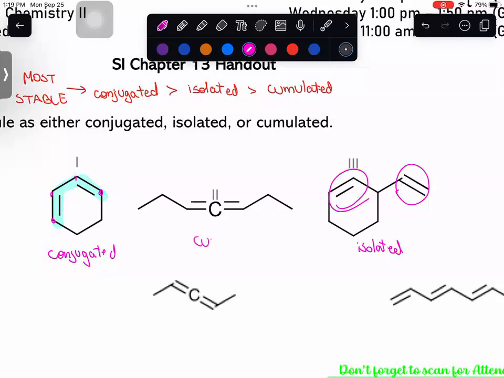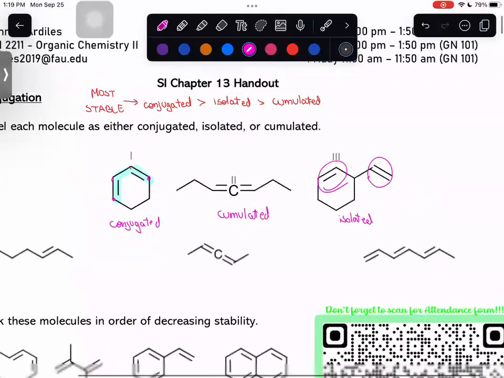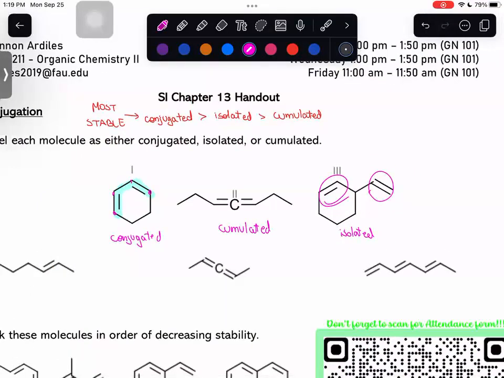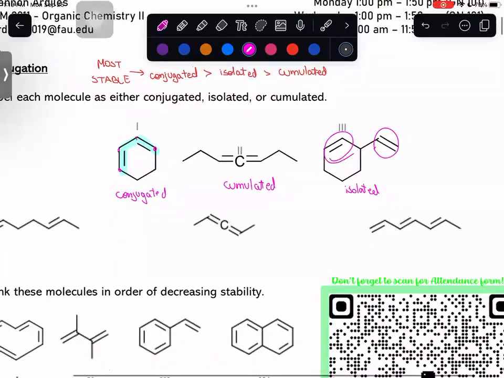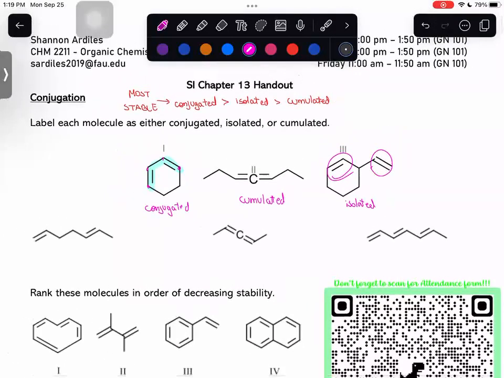So it's just cumulated. So that's it. One question that you might get asked on this is gonna be to rank them in order of stability. So again, conjugated is more stable than isolated, and very last one is cumulated. So as long as you know that pattern, you should be good. Questions like these should be pretty simple.